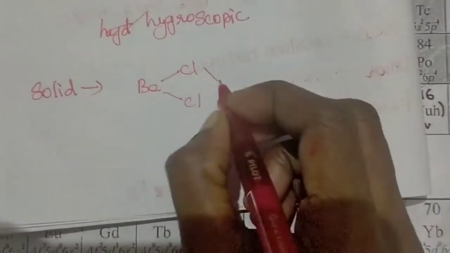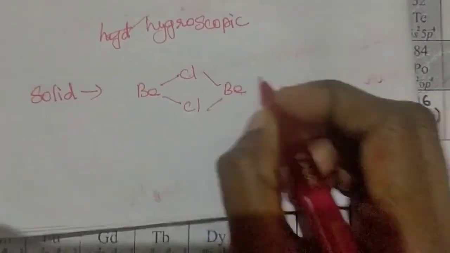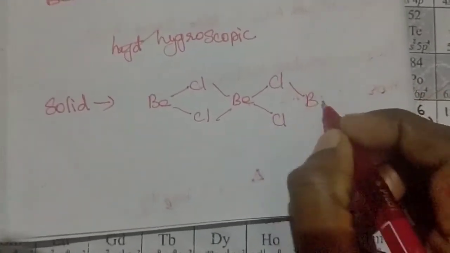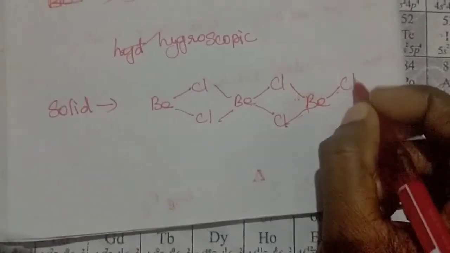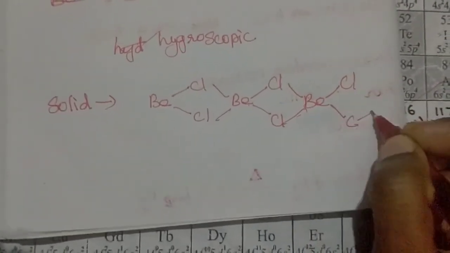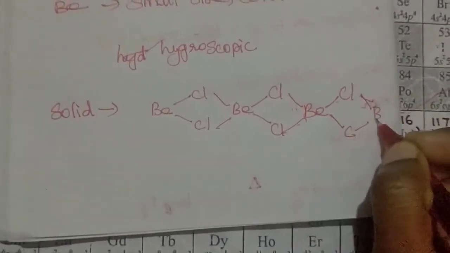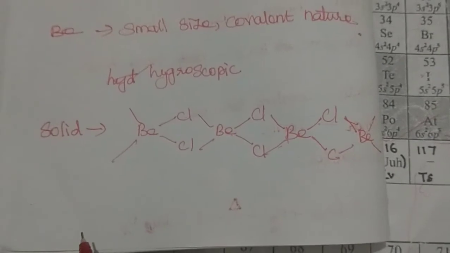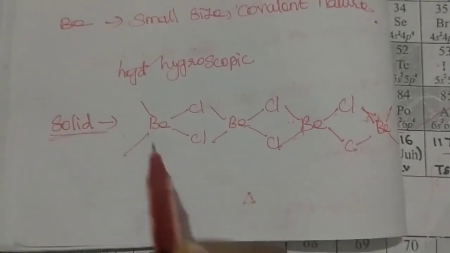Solid beryllium chloride shows a structure like this: beryllium, chlorine, chlorine, beryllium, chlorine, chlorine, beryllium, chlorine, chlorine, beryllium, chlorine, chlorine. So this is the chain structure of beryllium chloride when it is present in the solid state.